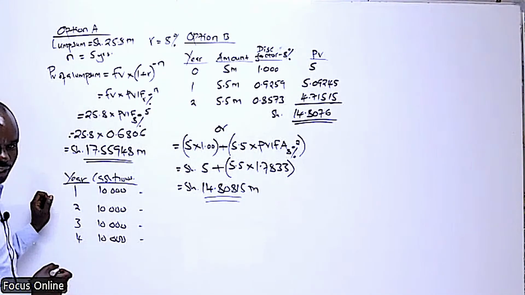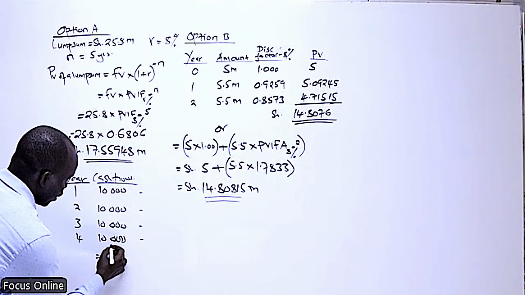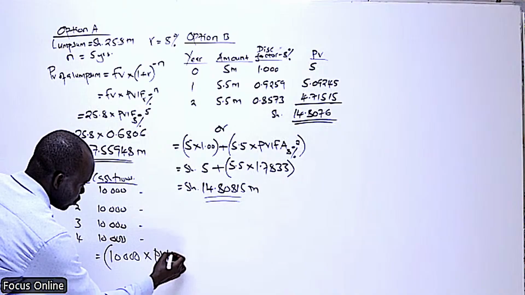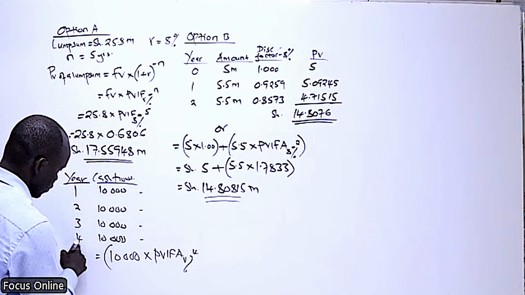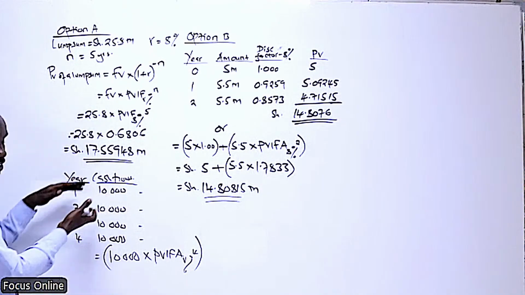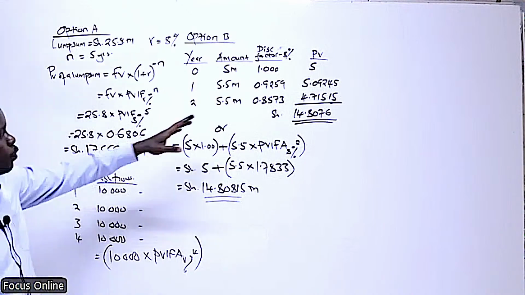However, there is a shortcut, whereby you say 10,000 times present value interest factor annuity at R% for 4 periods. That is a shortcut. But you can still treat them as lump sums and get the present value of each, like what we've done here.